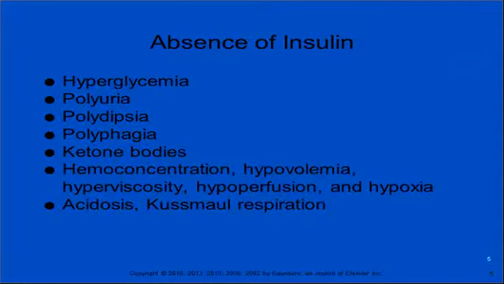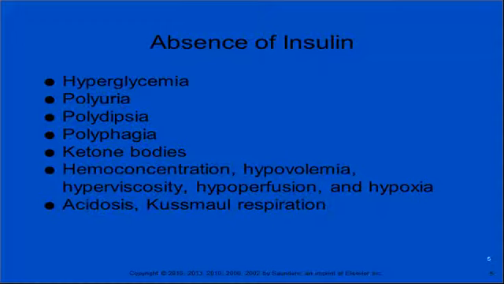So hyperglycemia, as most of us know, is high blood glucose levels, generally above 250 to 300. It can cause fluid and electrolyte imbalances. And then we get the 3 P's: polyuria, polydipsia, polyphagia.